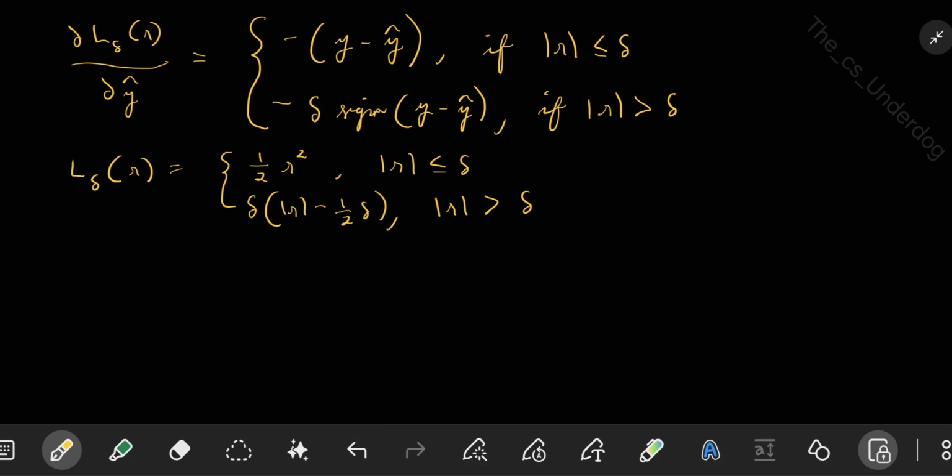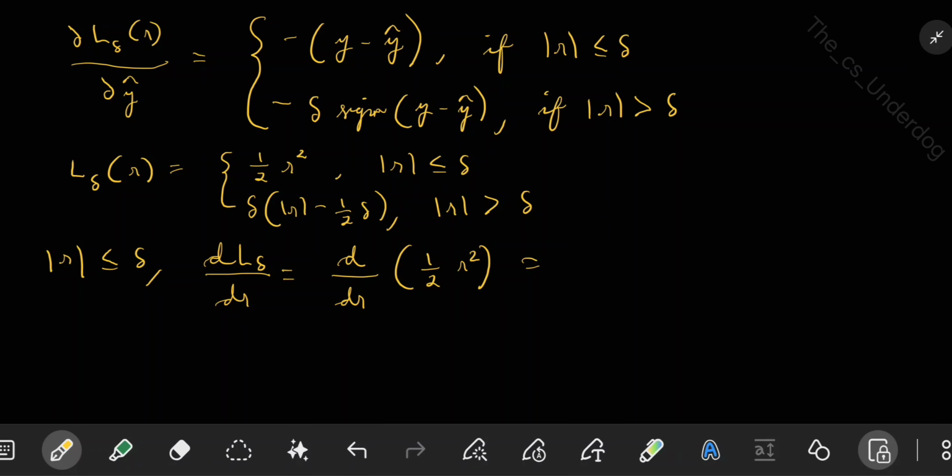So the derivative with respect to R, in case mod R is less than or equal to delta: dL delta by dR will be d by dR of half R square.